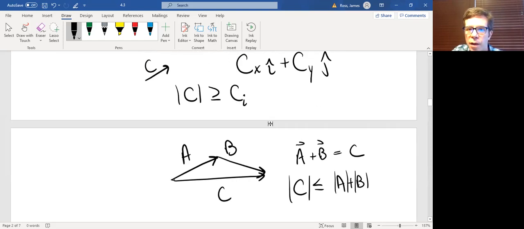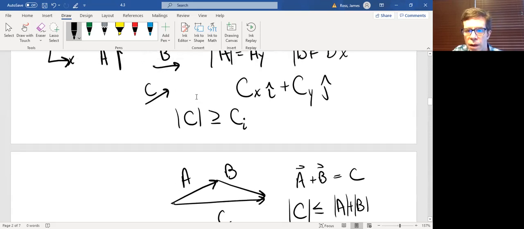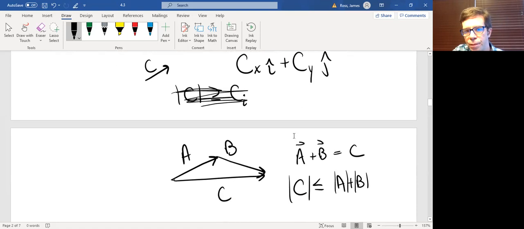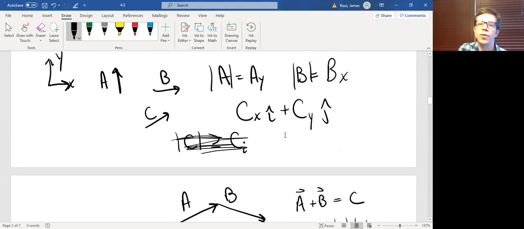And I've already said up here also that it is at least as big. That's not true, because they could be opposing each other. Yeah, this is not true. What I was trying to get at is this triangle relationship. This is true for components. It's not true for generic vectors.